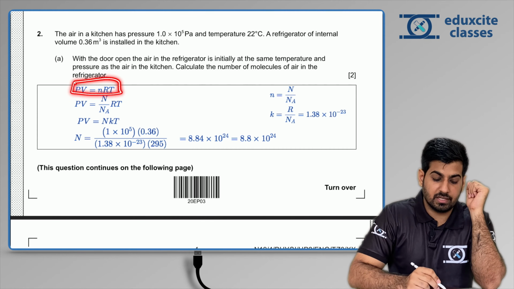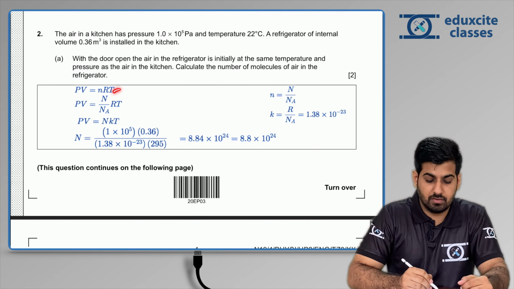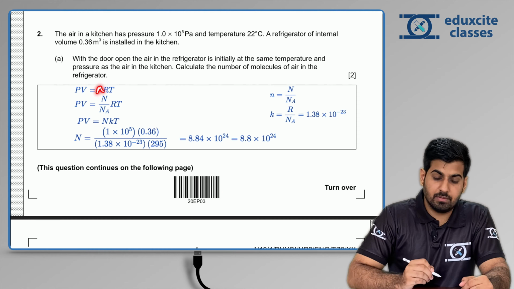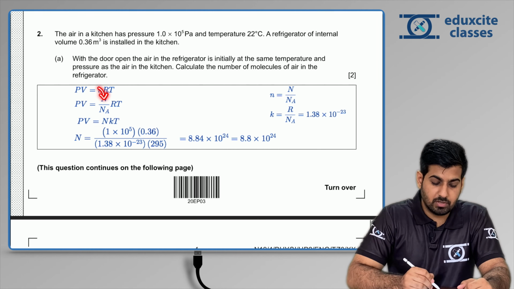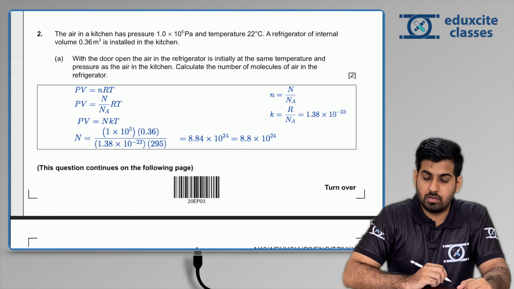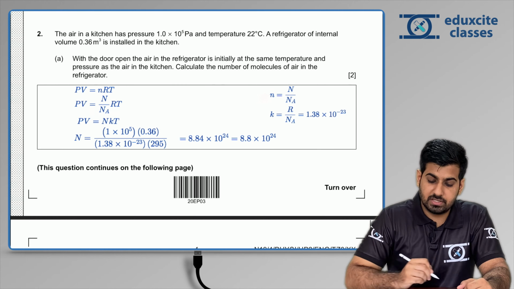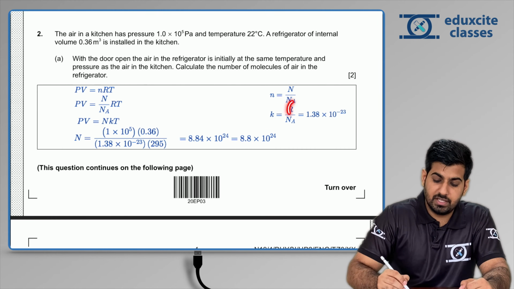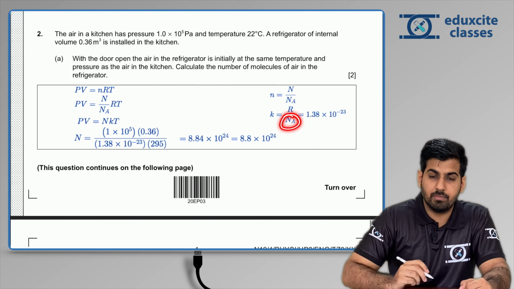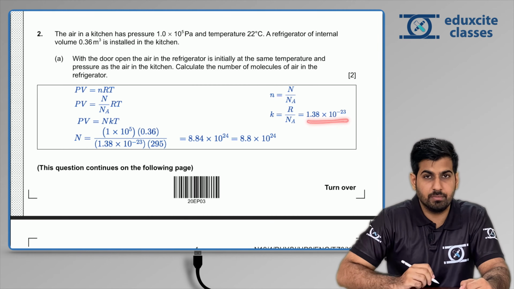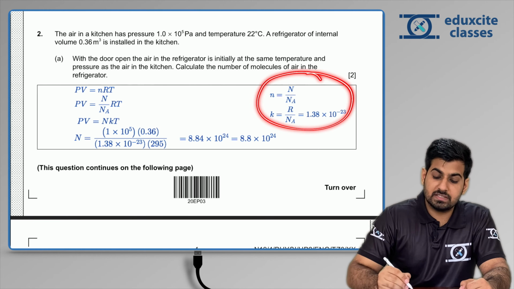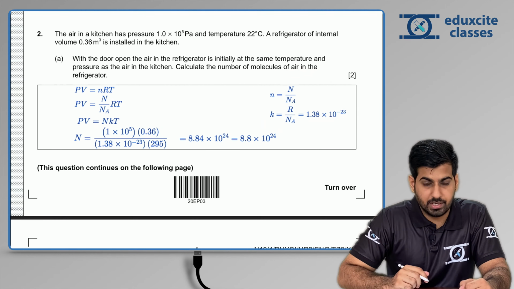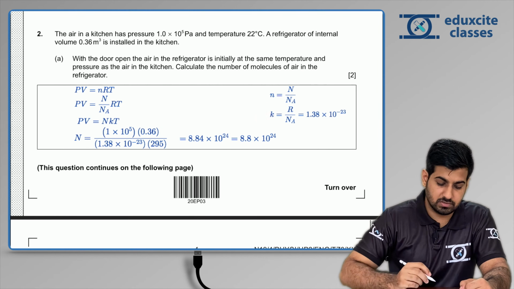So considering the ideal gas equation, PV equals nRT, where n is the number of moles. So n can be written as the number of molecules over Avogadro number. And we know that the Boltzmann constant k is nothing but the gas constant divided by Avogadro number, whose value is already mentioned here. All this data is given in your physics data booklet. You can refer to it there also.